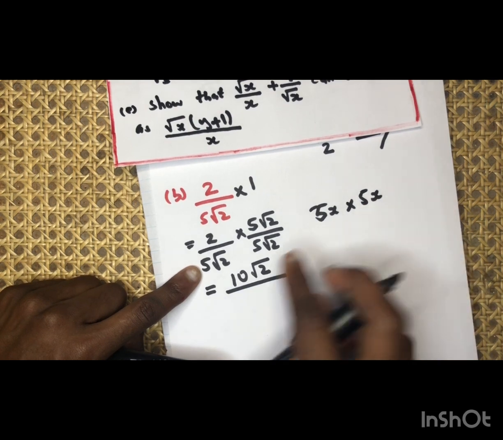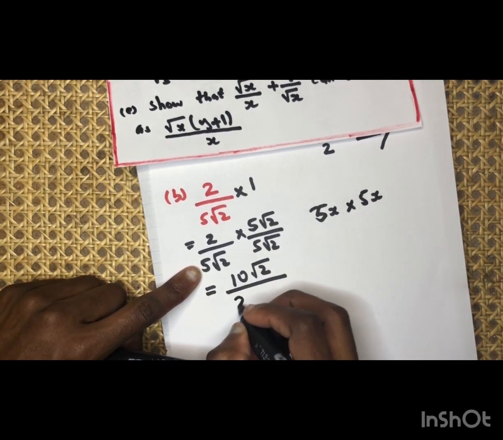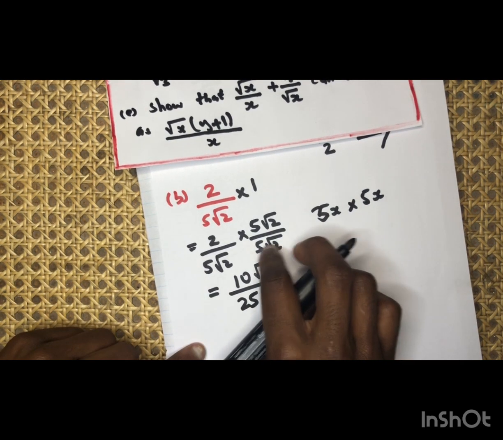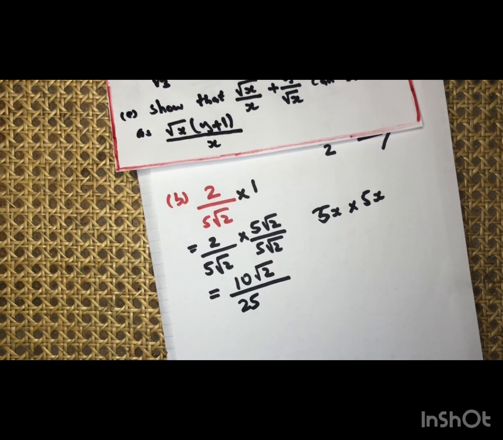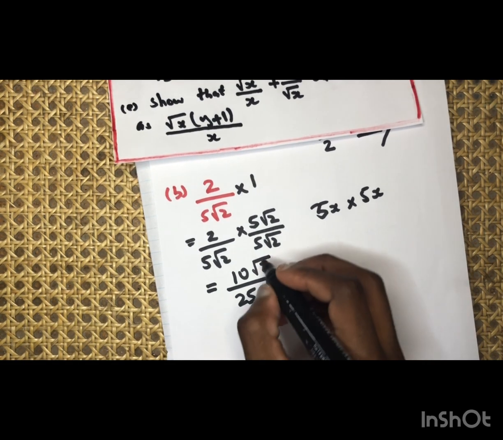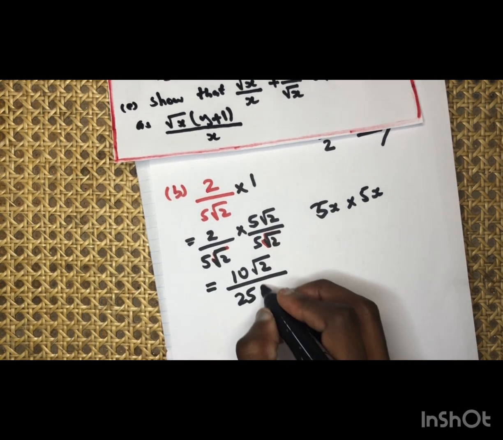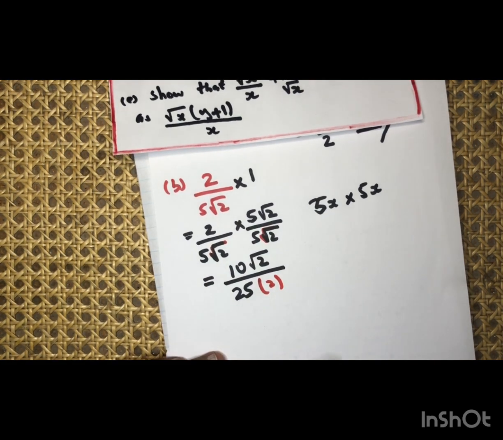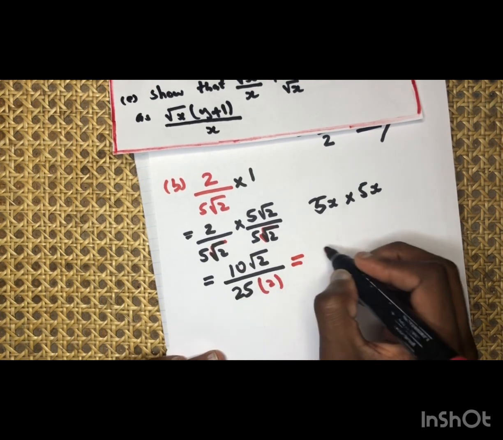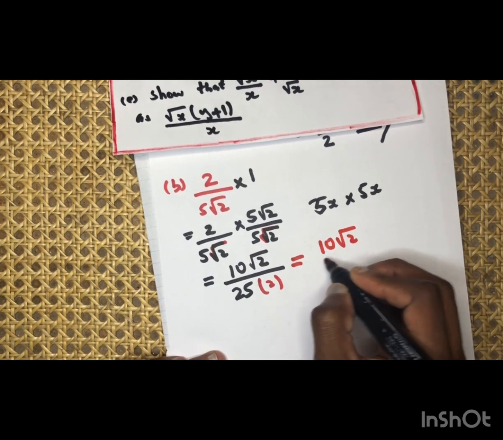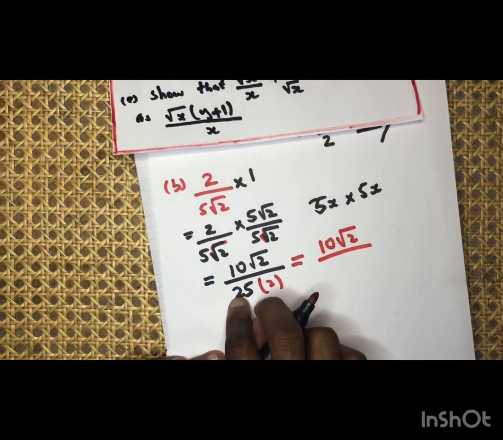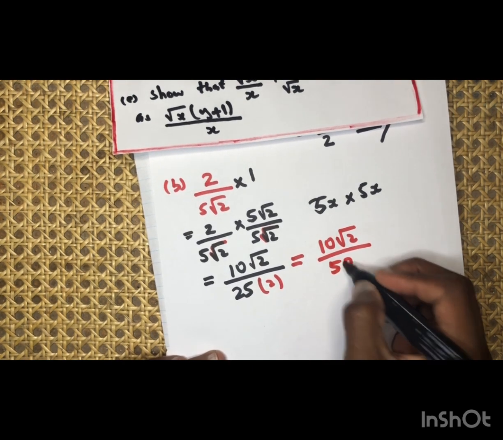So 5 times 5, you're going to get 25. Then root times root: this root 2 times this root 2, what do we get? We'll get 2. Understand? So then here I'm going to have 10 root 2 over 2 times 25 is 50.